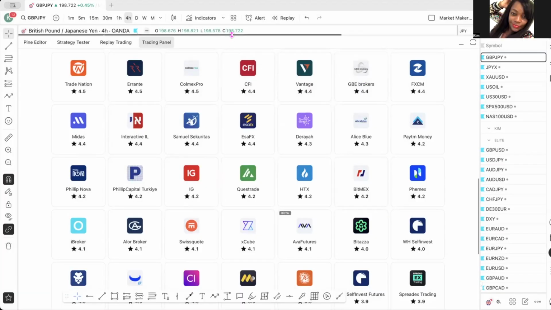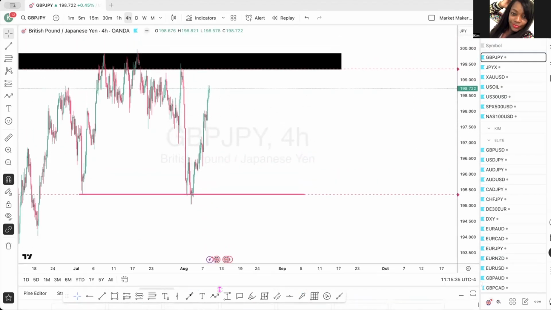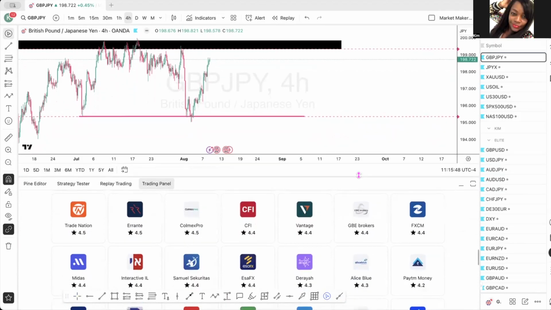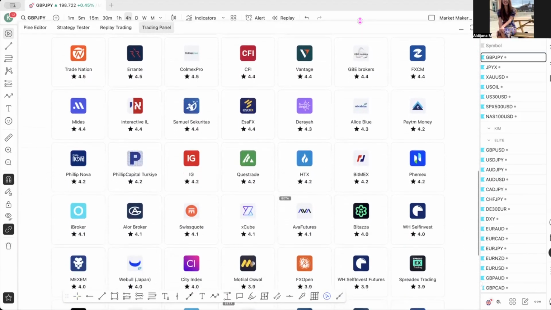Okay, let me go back down. As you can see, TradingView is like this. See this little line right here? I just pushed it up, and you want to be on the Trading Panel tab. Kim, can I show you another way?